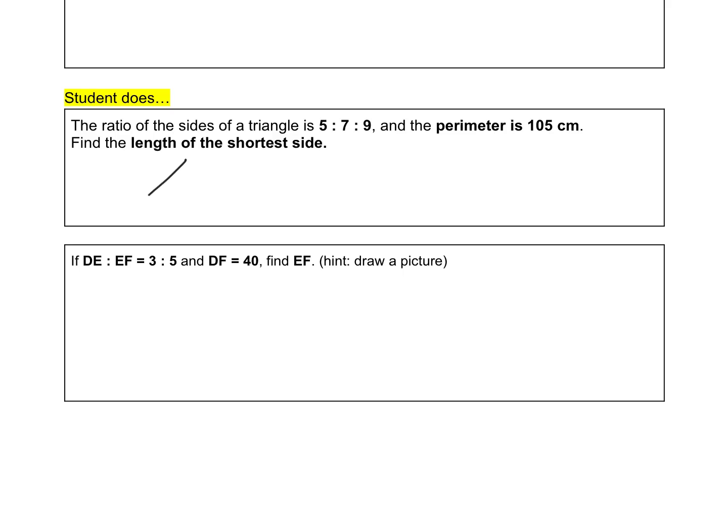If we have our triangle, and we know that the perimeter is 105, if the ratio of the sides is 5 to 7 to 9, does that mean that the sides are 5, 7, and 9 long? No. What should we label them as instead? 5x, 7x, and 9x.